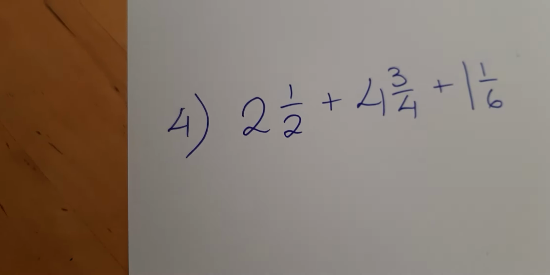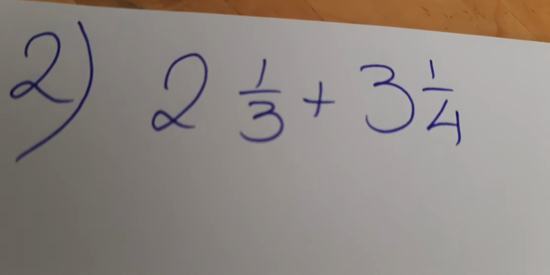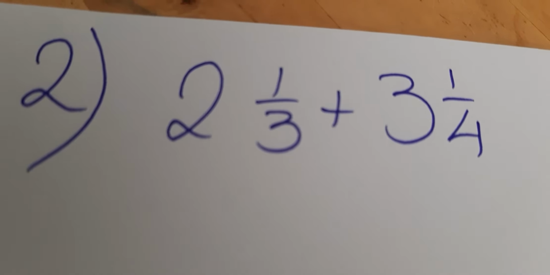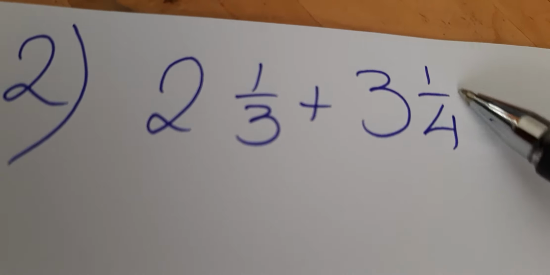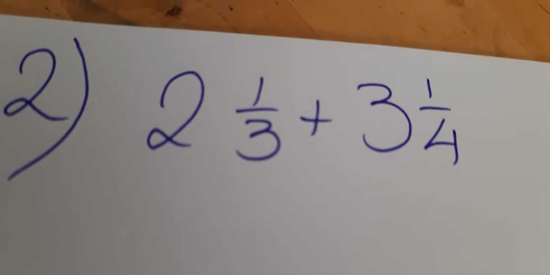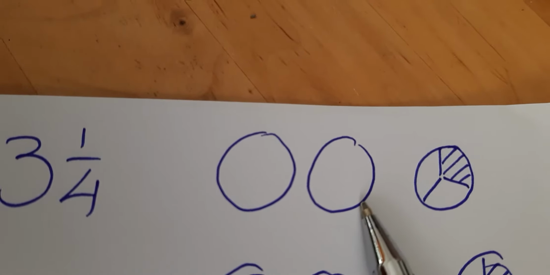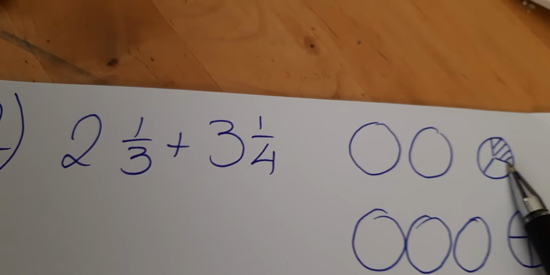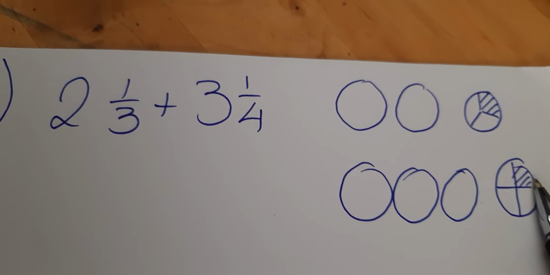Let's move on. Let's look at another example here. 2 and 1/3 plus 3 and 1/4. This involves mixed numbers that do not have the same denominator. But let's just look at them diagrammatically first. We have 2 cakes and 1/3 of a cake, plus 3 cakes and 1/4 of a cake.